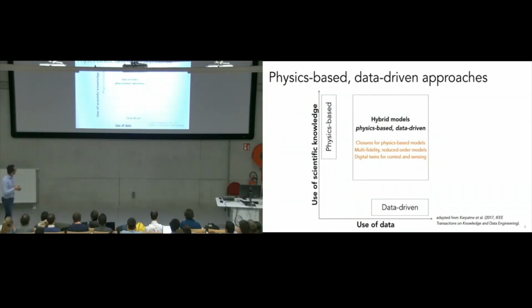This is really important to go towards very complex problems that could be multi-physics, multi-scale simulations, or digital twins for control and sensing closures. This is a big problem in many applications. Okay, so let's move on. This doesn't work.